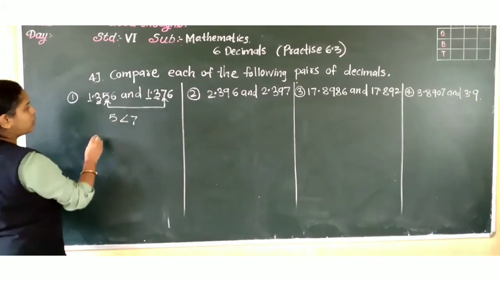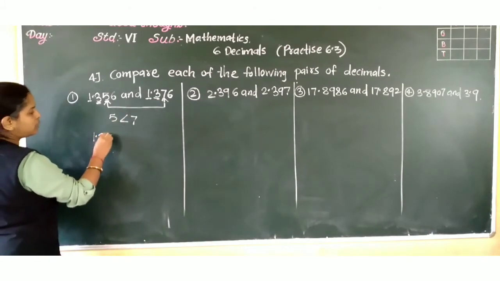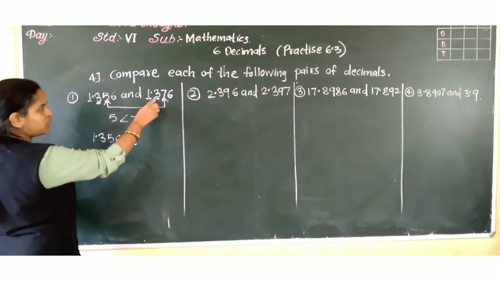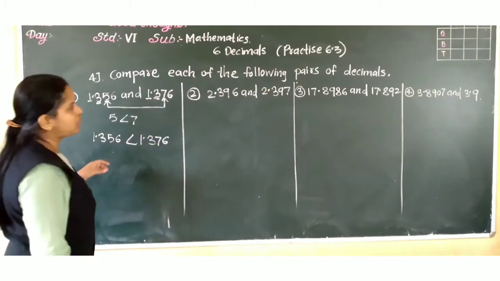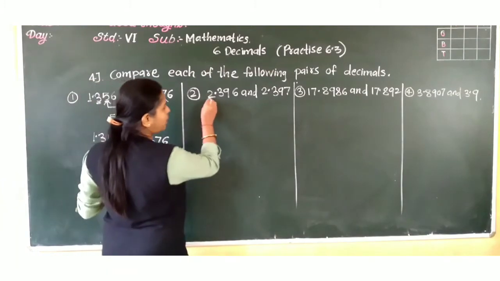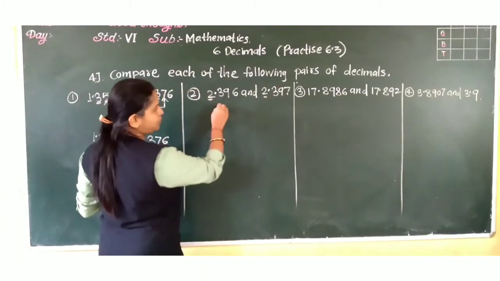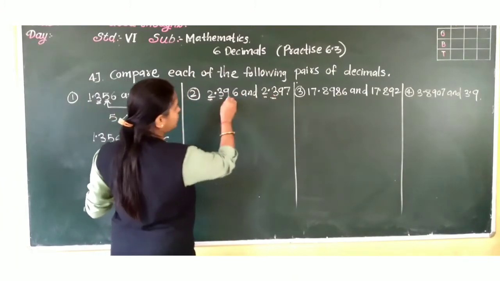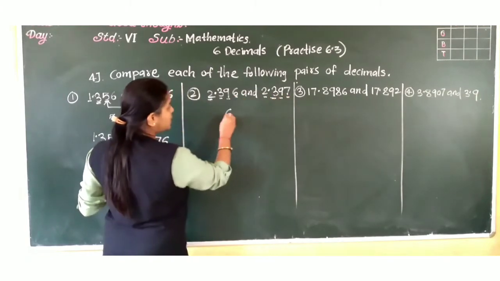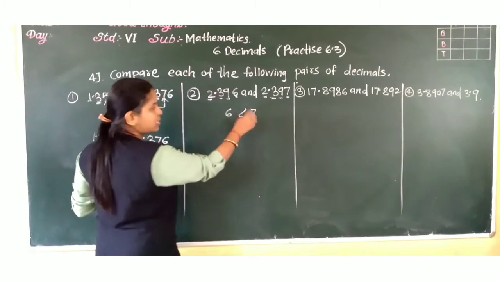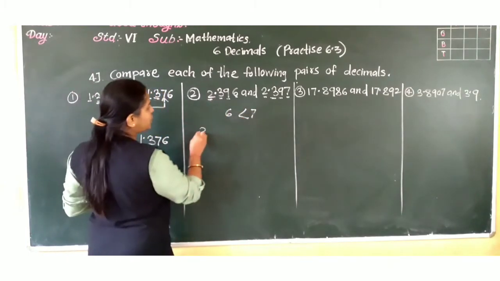So which one is greater? This one. Understood how to compare? Next. Compare 2, 2, same. 3, 3, same. 9, 9, same. Now see 6 and 7. In 6 and 7, who is greater? 7 is greater.